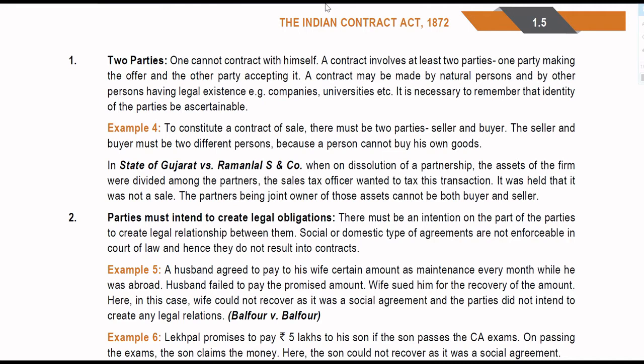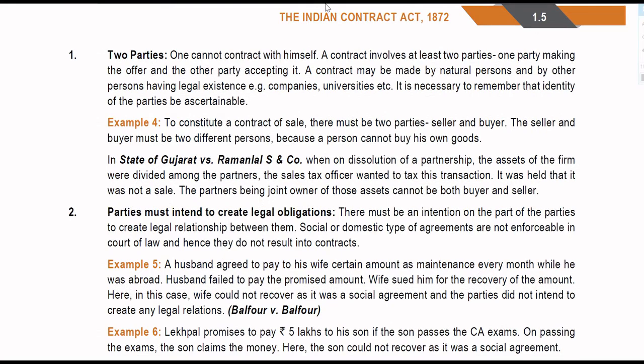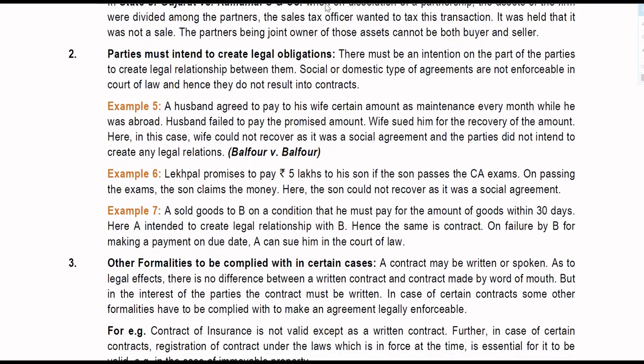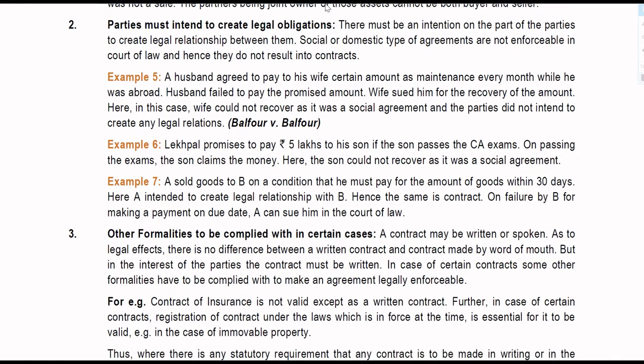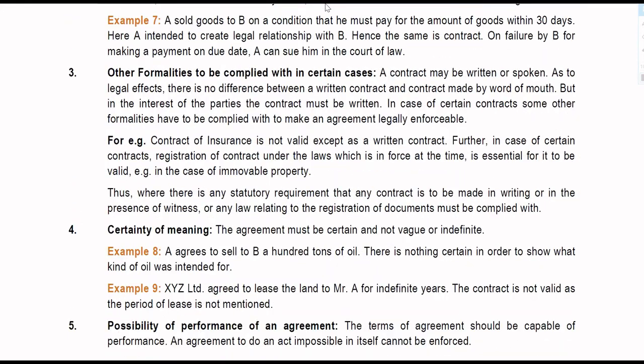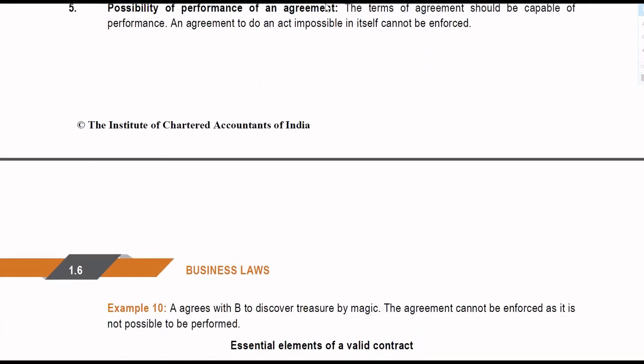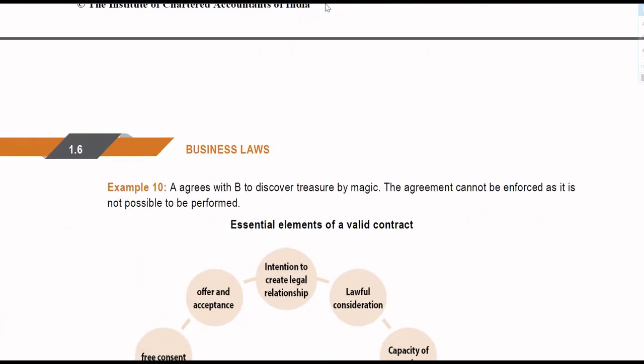There should be a legal relationship, as per the rules, the law and the act, for the benefit of the country. We have seen some examples, and other formalities to be complied with in certain cases, and certainty of meaning and possibility of performance of an agreement. We have seen these 5 points.